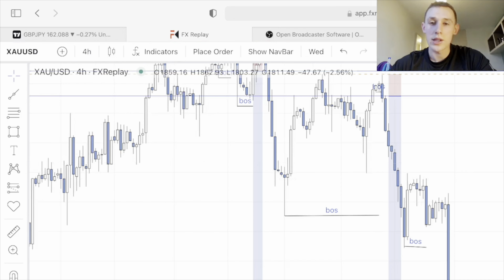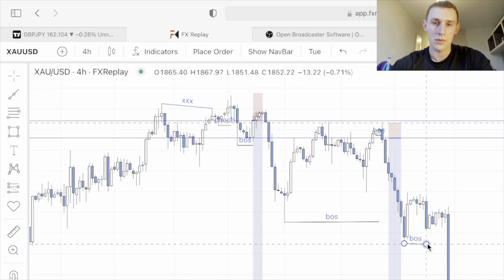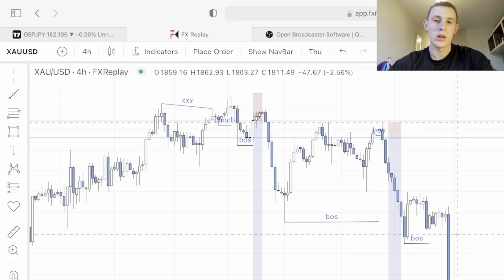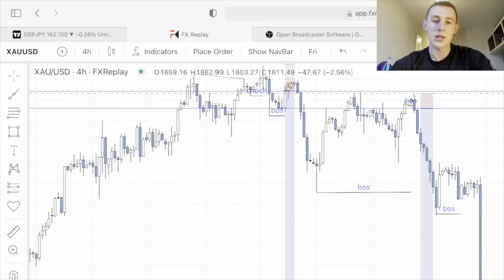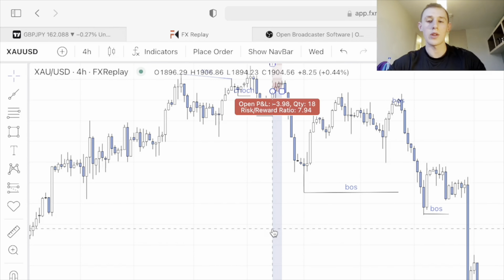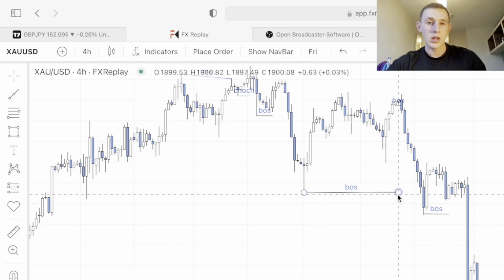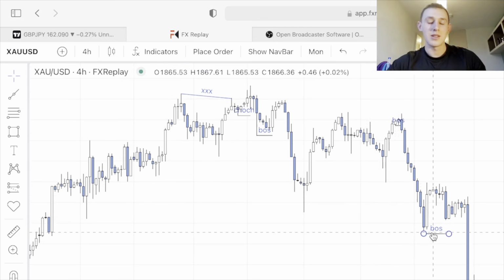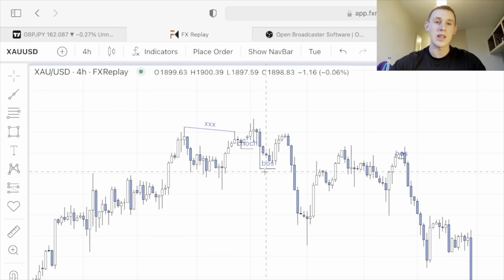Price is almost at our TP as well. Let's see if that hits. There we go. So TP was hit on those two trades for $104,000, which is about 25% of the account, just those two trades.